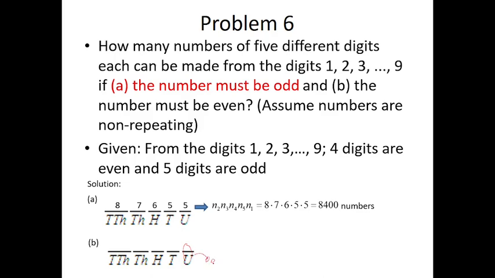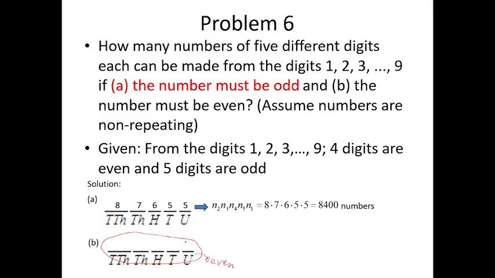If the last digit is an even number, we can say that the 5-digit number will also be an even number because the last digit is an even number. Okay? So that's the restriction imposed.